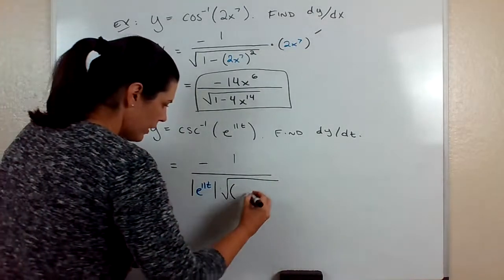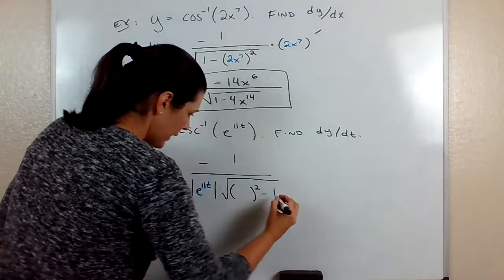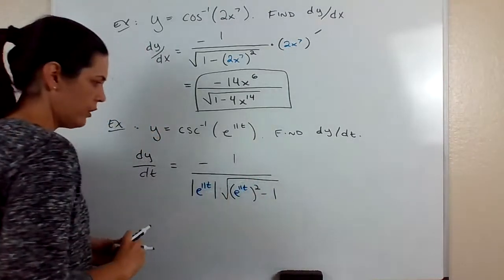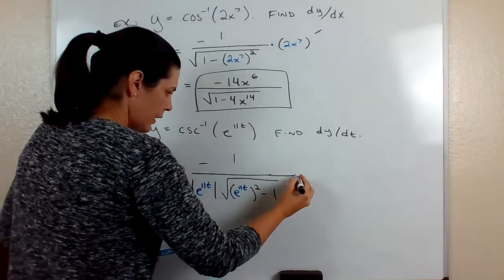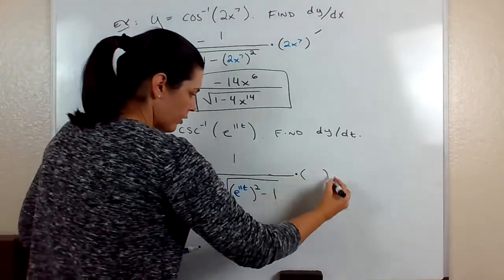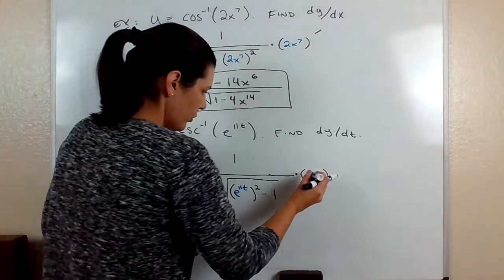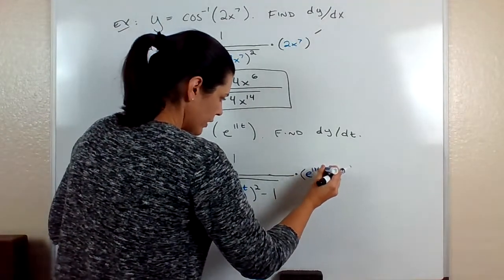That's our argument squared minus 1, so e to the 11t squared minus 1. And then times the chain rule part, the derivative of the inside, so the derivative of e to the 11t.